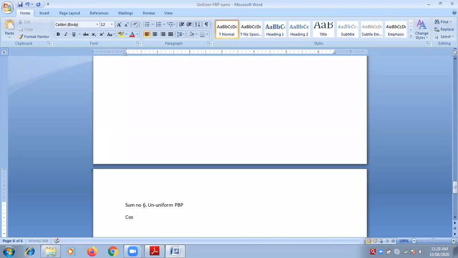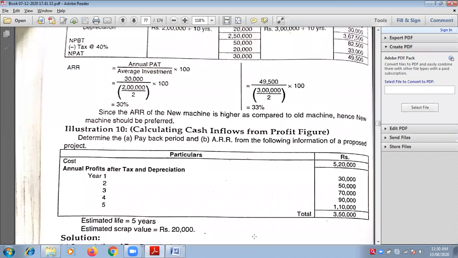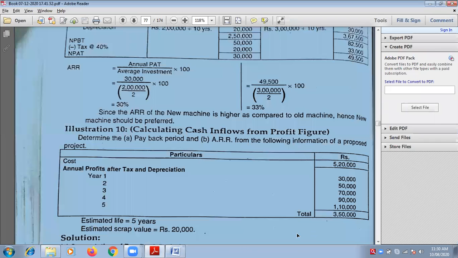What is the cost of the project? Write to me very fast. 5,20,000. To those who don't remember, look at this question again. The cost of the project is 5,20,000.